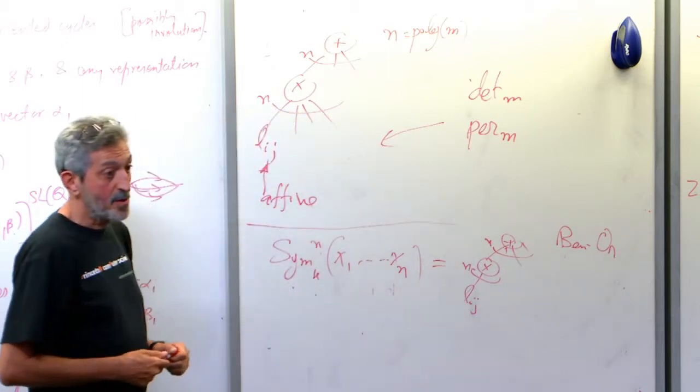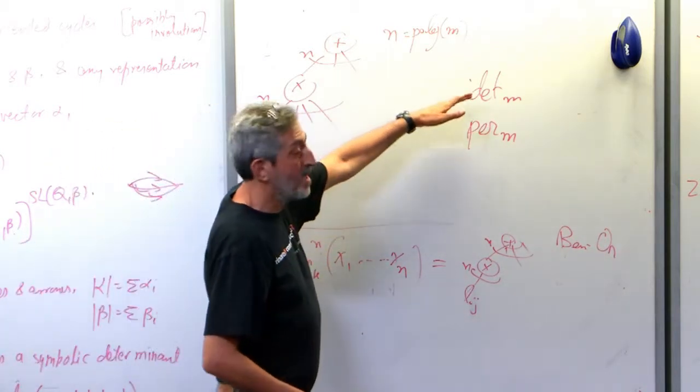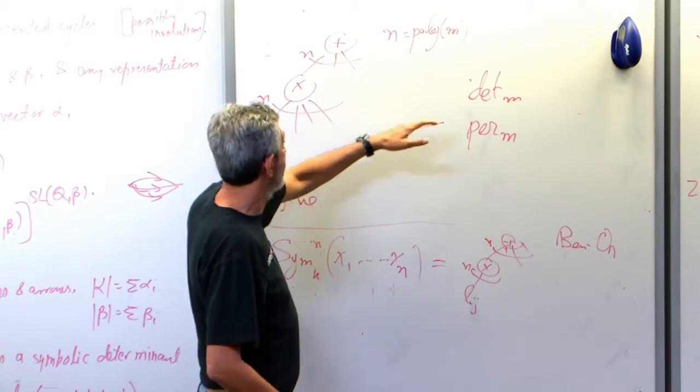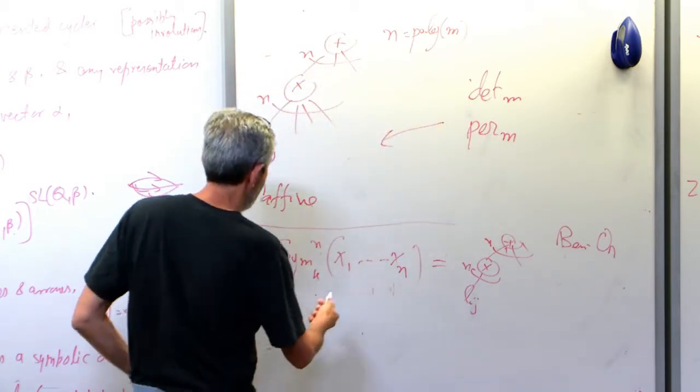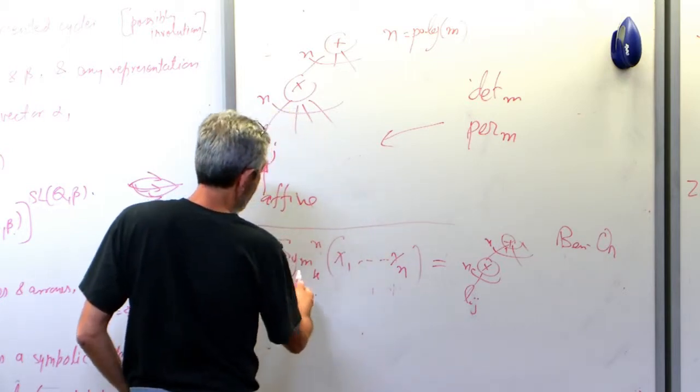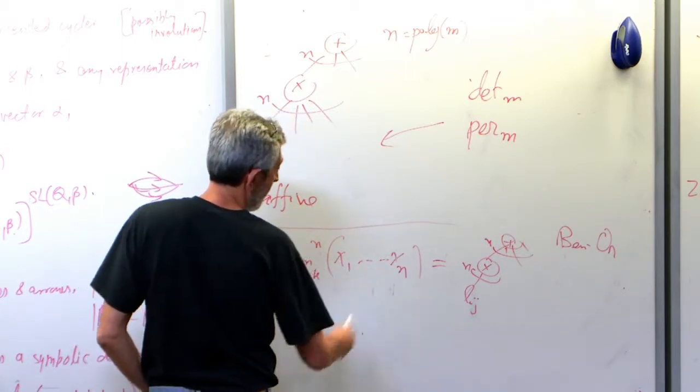An even easier question to ask is, can you embed the determinant or permanent or your favorite polynomial not into this, but just into the symmetric polynomial of linear forms?